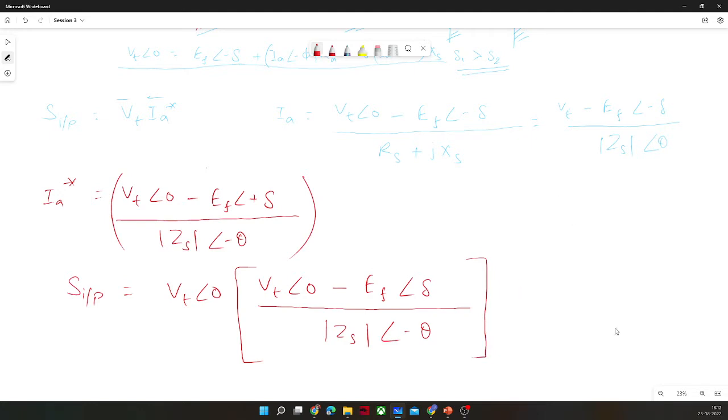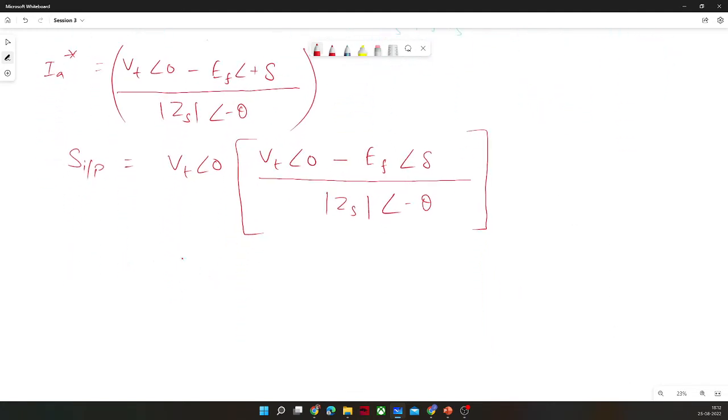Now I will club both of these together. So Vt square divided by mod Zs, theta would go upside so it will become plus, minus Ef Vt by Zs angle theta.